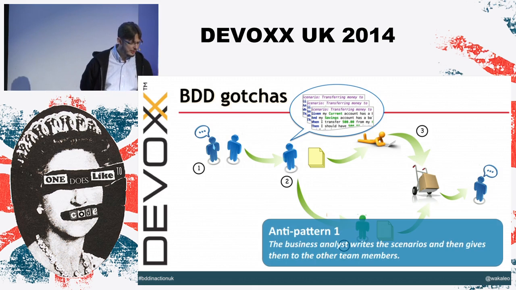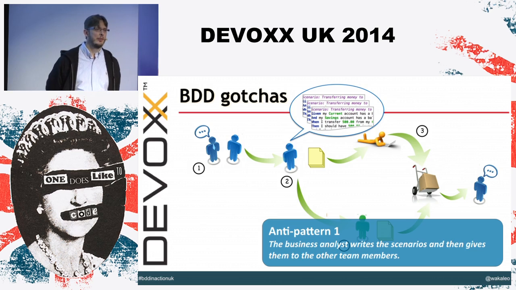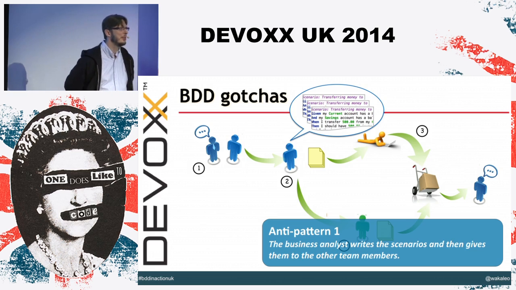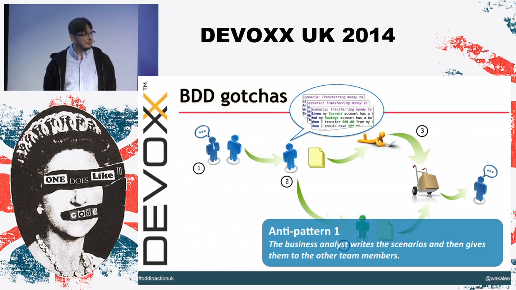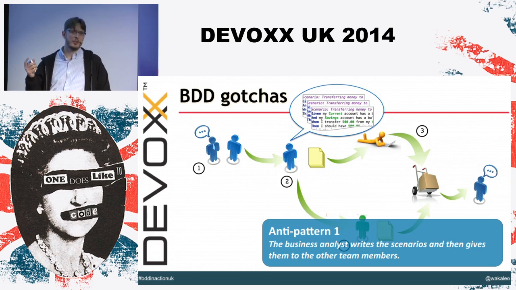The first one is when the business analyst writes the scenarios, writes the given-when-thens, and then gets them validated by the developers. Anyone seen that? It can work, but the problem is that validating a document, reviewing a document, is not the same as collaboratively writing the document.